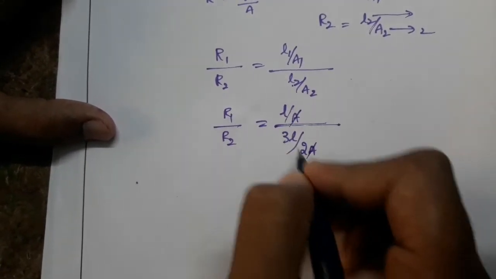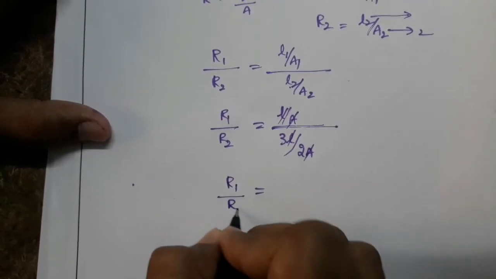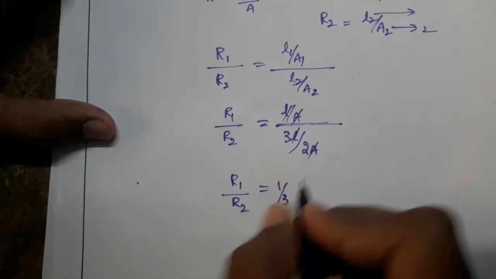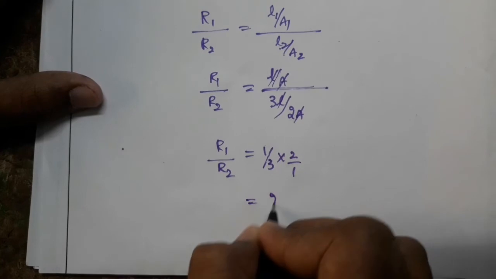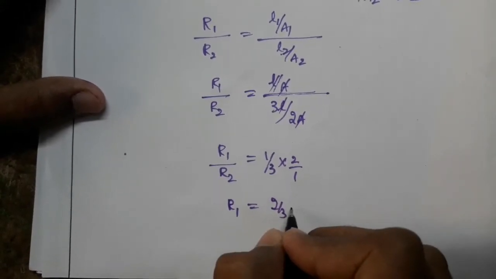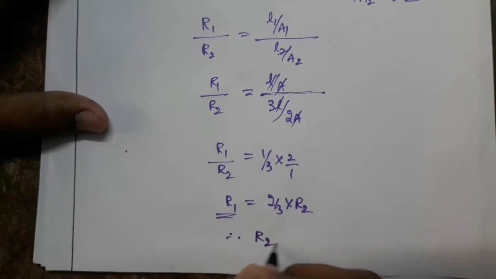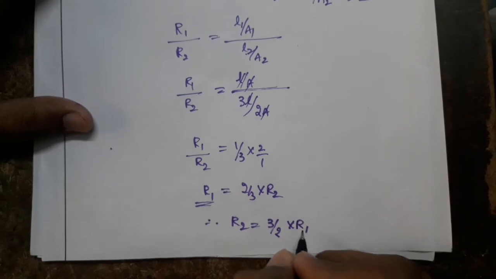So A gets cancelled, L gets cancelled. R1 by R2 equals 1 by 3 into 2 by 1, that is R1 equals 2 by 3 times R2. We know R1, so therefore R2 equals 3 by 2 times R1.